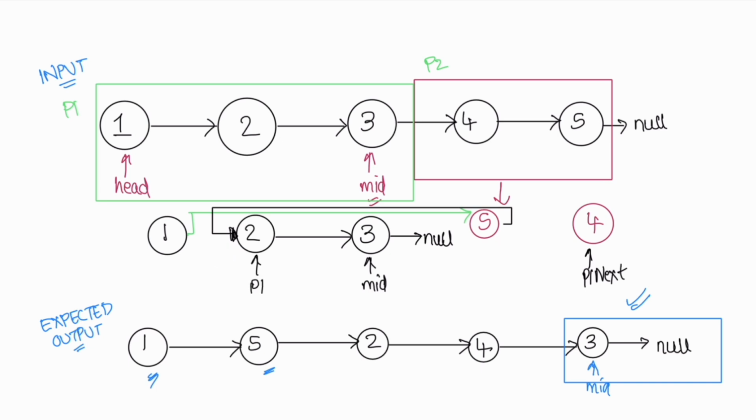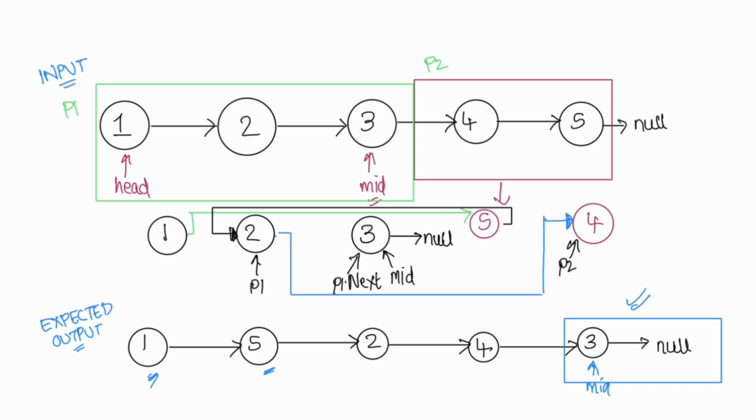So P2 is here and P1 next will go to here. And now repeat the same process. Remove this connection P1.next. P1.next should point to P2, right? And move P1 to P2 and move P2 to P1 next. And P1.next is at null.